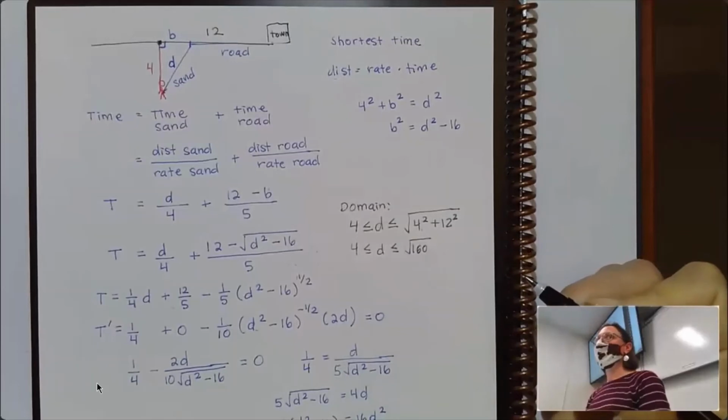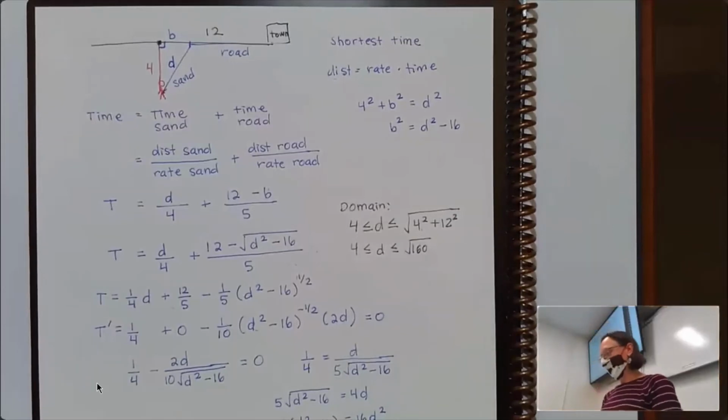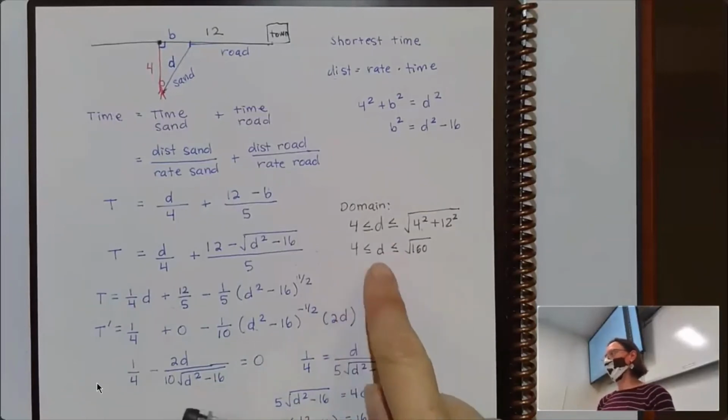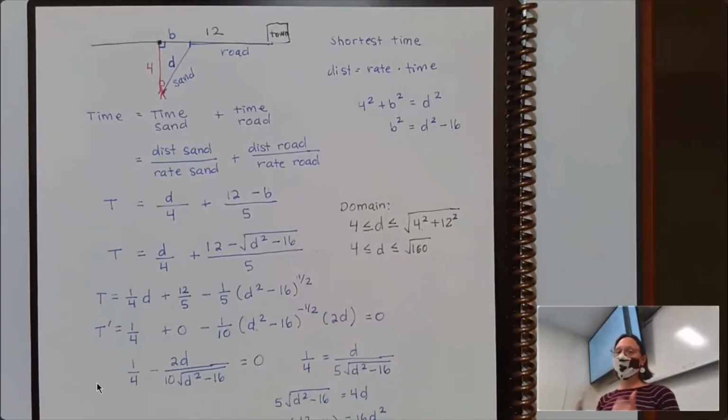Did I do that right? I don't know what the square root of 160 is, but I know that the square root of 169 is 13. So that's probably just a little bit less than 13. So 7 is definitely, 7-ish is definitely between 4 and 13. So we're good, we're in the domain.